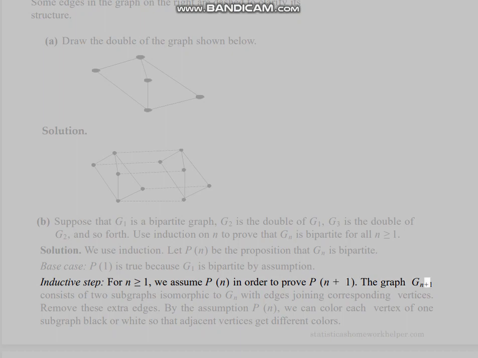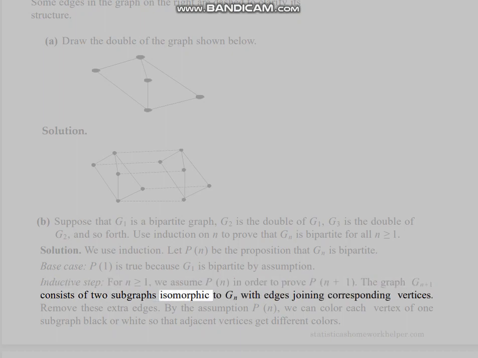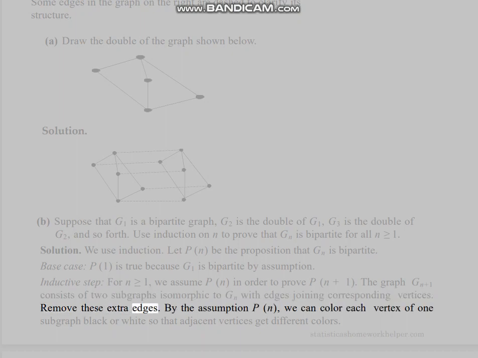The graph G_{n+1} consists of two subgraphs isomorphic to G_n, with edges joining corresponding vertices. Remove these extra edges. By the assumption P_n, we can color each vertex of one subgraph black or white so that adjacent vertices get different colors.